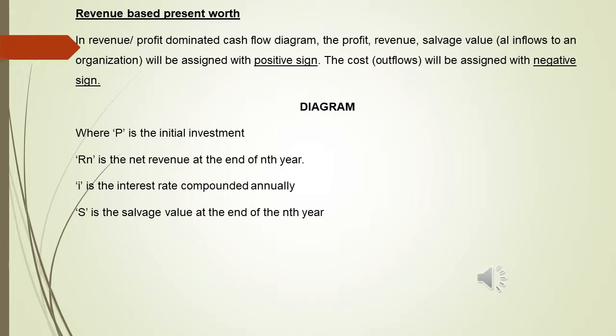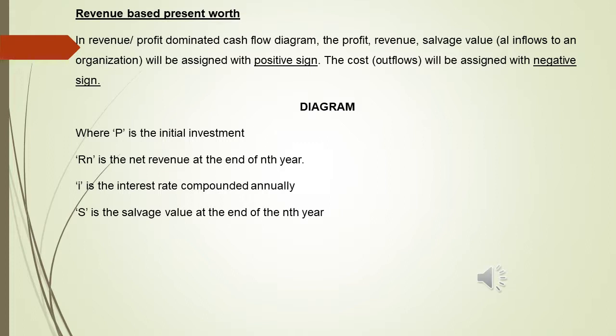Revenue based present worth. There's a diagram which I couldn't make right now; I'll send a picture, so refer to that diagram. In a revenue or profit dominated cash flow diagram, the profit, revenue and salvage value, that is all inflows to the organization, will be assigned a positive sign. Remember, profit, revenue and salvage value will always be positive.